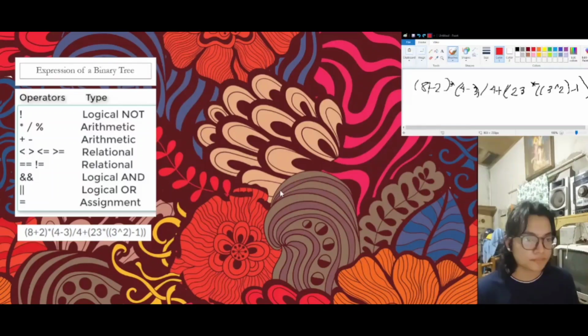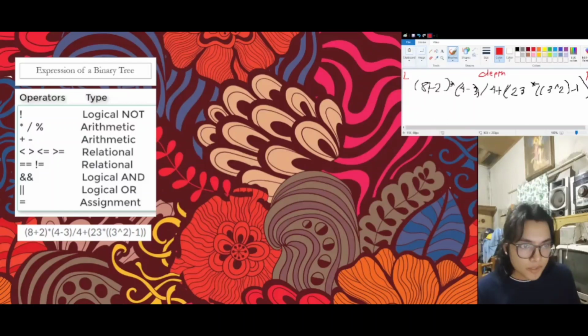So to explain how to put this expression into a binary tree, we're going to first start with the left and right until we reach the right order. So in this case, we're actually going to have the depth of the nodes.